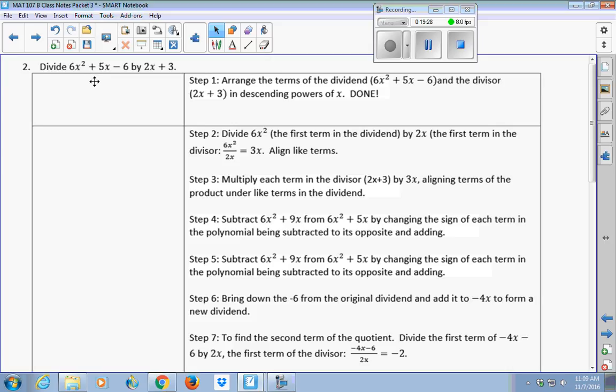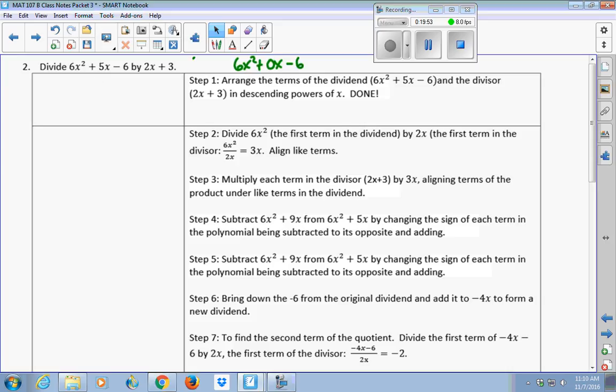What would happen if you didn't have any x terms and you wanted to do this? Let's suppose it said 6x squared take away 6, but you wanted to do the division algorithm. What would you write underneath your division sign? Just a 0? So suppose 0x. Yeah. If you don't have any of the terms, you have to put a 0 in there.